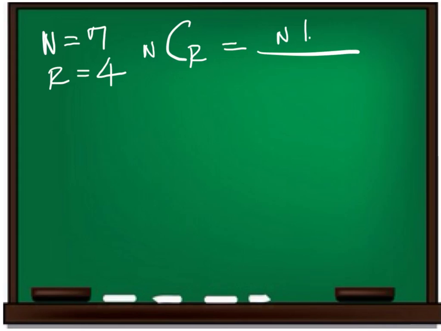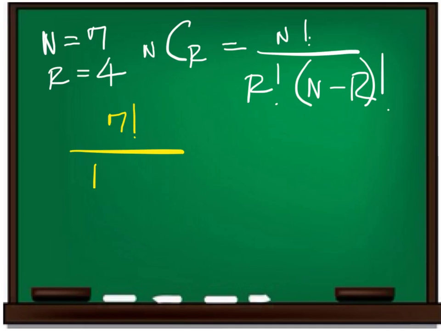In this case, n is 7 and r is 4. The formula for nCr is n factorial over r factorial times the quantity factorial of n minus r. So it's 7 factorial over 4 factorial times the quantity factorial of 7 minus 4.